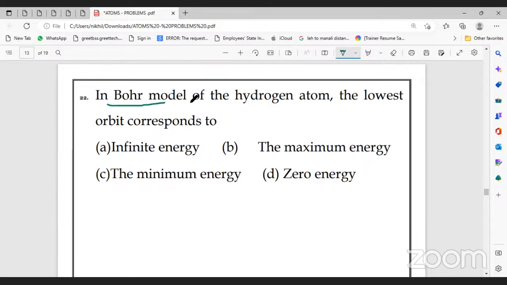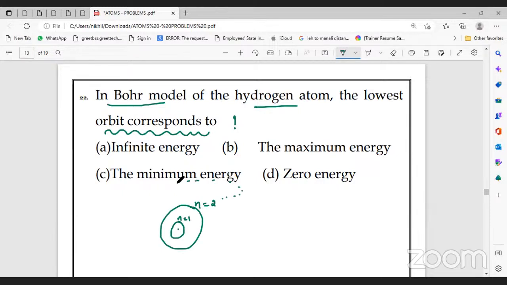In Bohr's model of the hydrogen atom, lowest orbit corresponds to what? Lowest orbit means what? This is the first orbit, n equals 1. This is the second orbit, n equals 2.